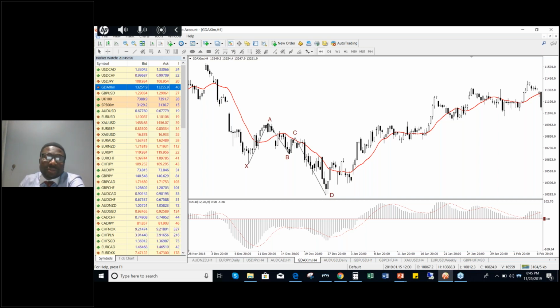Let's see. Does this look like the crab you just drew on your chart? But we have to take the measurement. If it looks like it, just type in yes. I'm looking at this, guys.